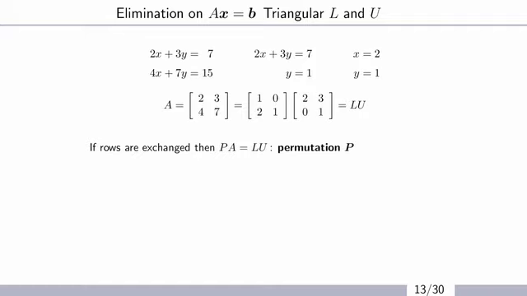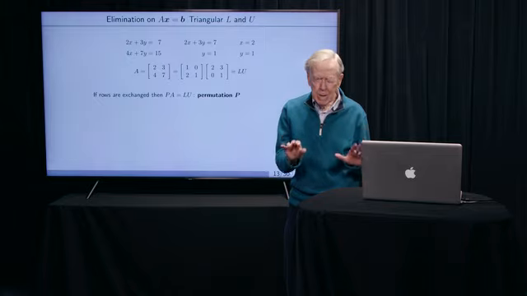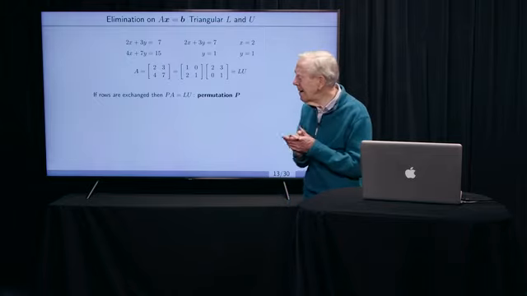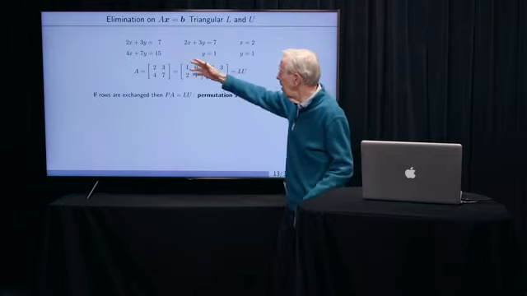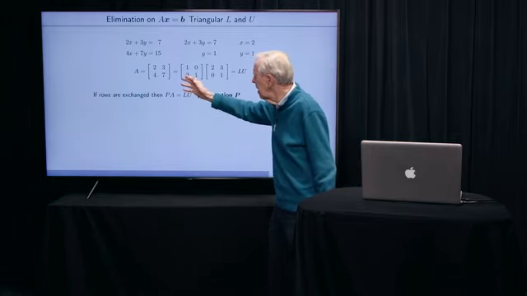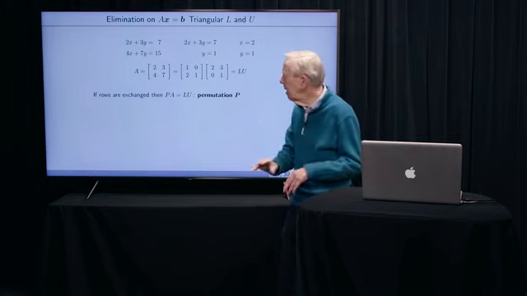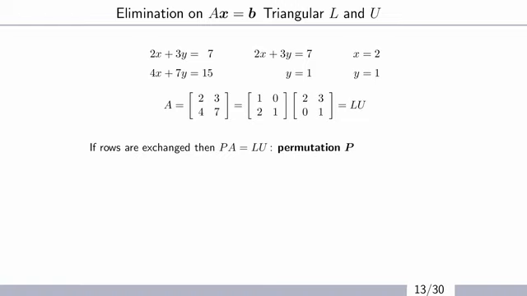And the real point about linear algebra done right is that all those steps can be expressed as another way to break up the matrix A, into a lower triangular matrix and an upper triangular matrix. You see that this matrix is lower triangular, and this one is upper triangular.